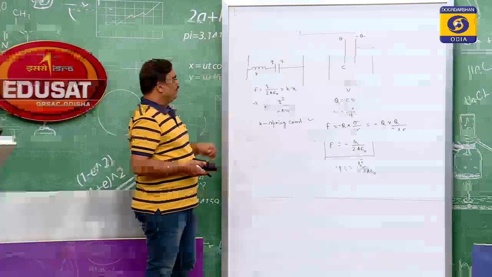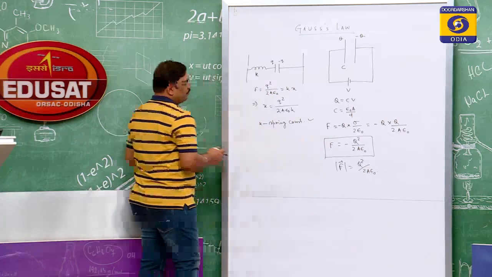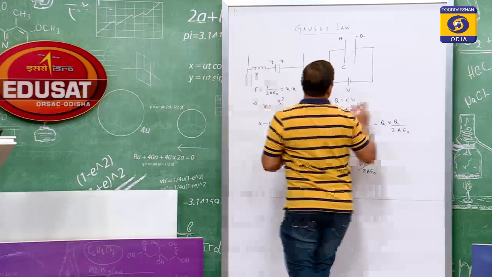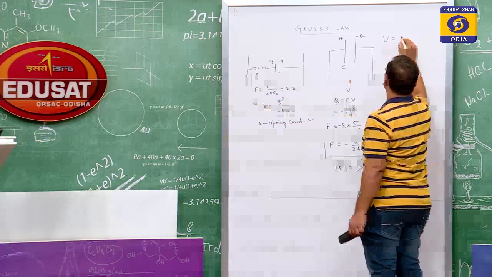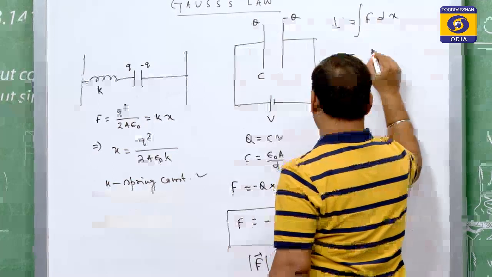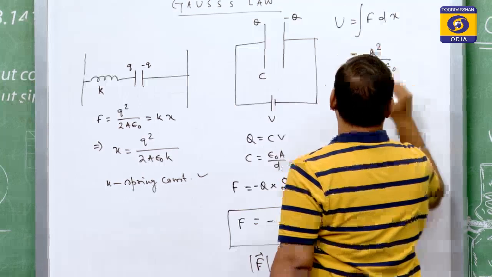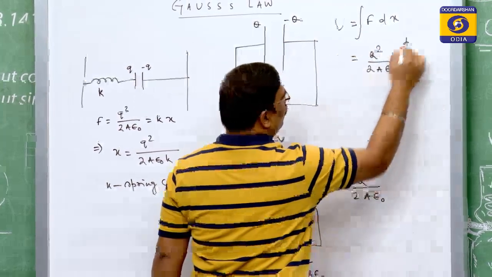Knowing the value of force, we can calculate the energy of a capacitor. The energy of a capacitor U equals the integration of F dx. So, it is Q square by 2A epsilon 0 integration dx from 0 to d.